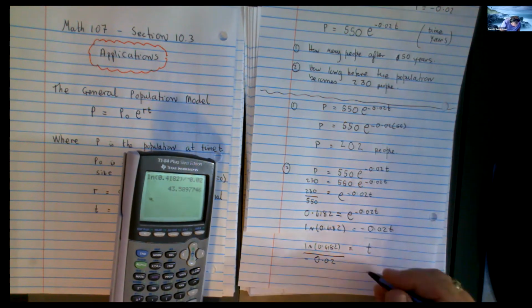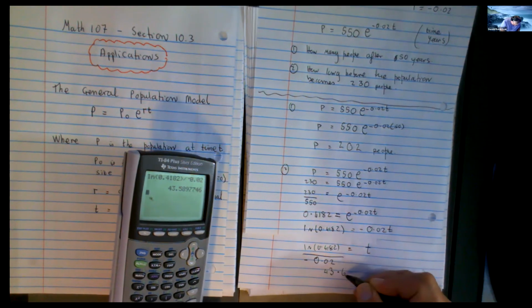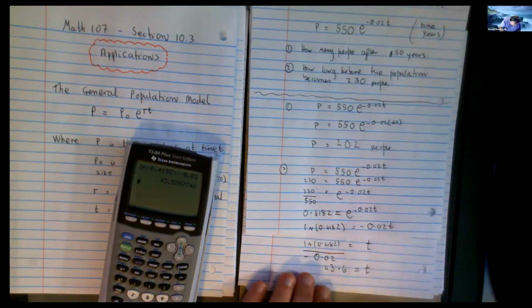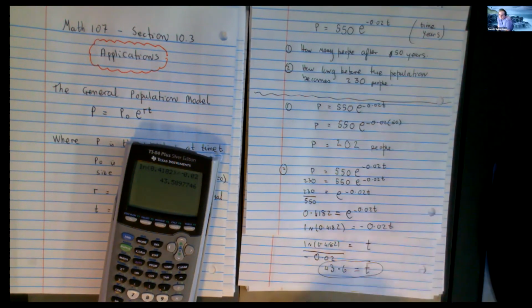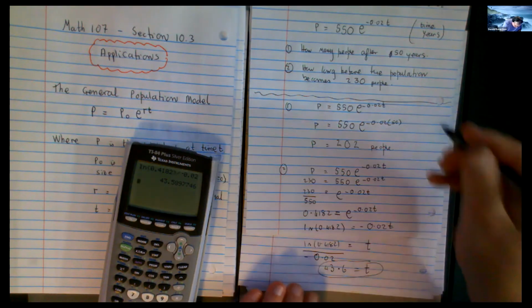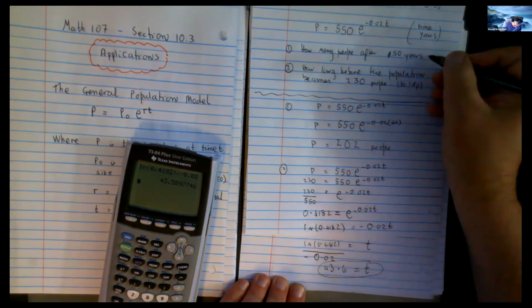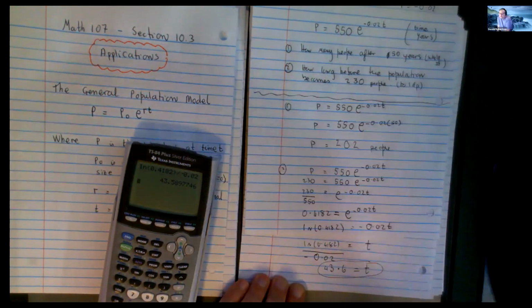The answer I get is about 43, and just to be awkward, I'm going to do it to 1 decimal place. So it takes about 43.6 years. So we'll assume that the question said to 1 decimal place, and this question said to nearest whole number.